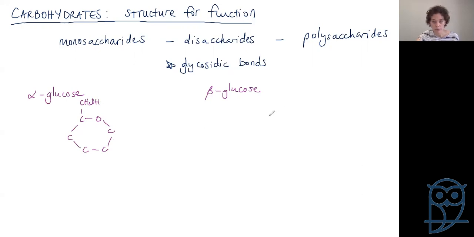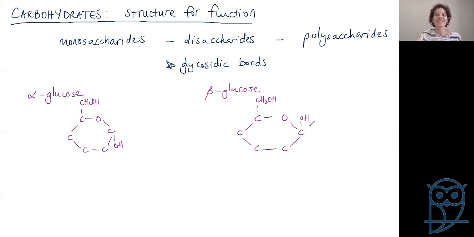Alpha glucose, CH2OH, and beta glucose start exactly the same. Same ring structure, same stable molecule. The difference between the two is where our OH group is on that first carbon atom. Alpha is below the ring. Beta is above the ring.